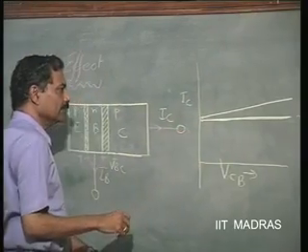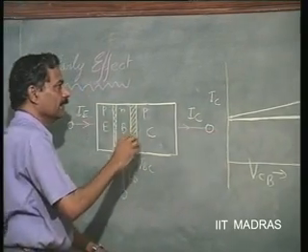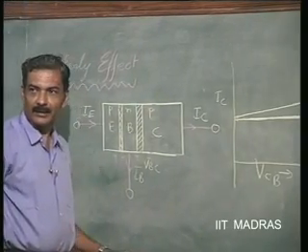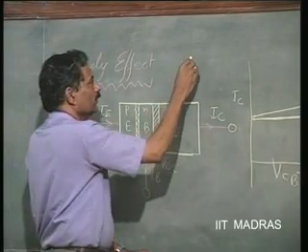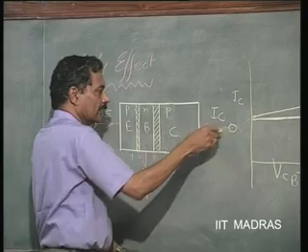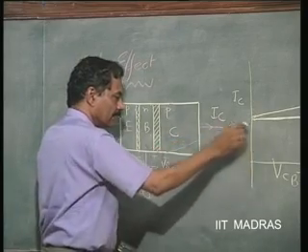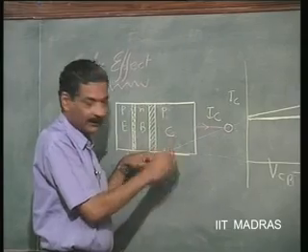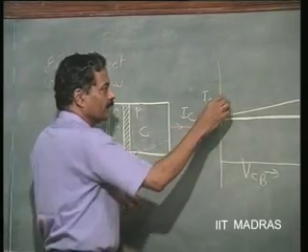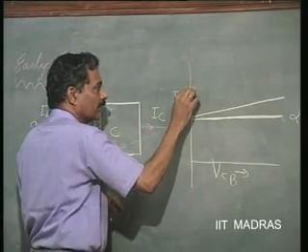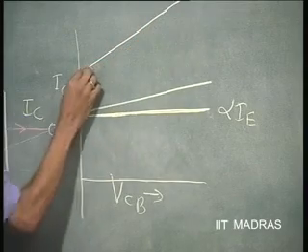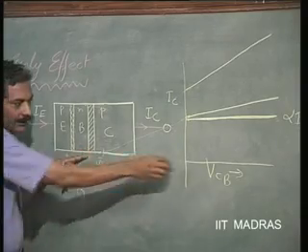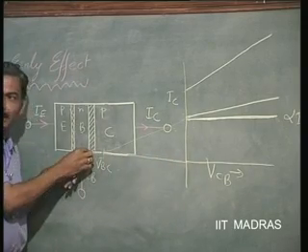Now, what happens because of early effect is that this effect is going to be felt more at higher currents, and therefore this whole characteristic can be extended like this, and it will intersect at a particular point, and this is called early voltage. For the next current, it might be something like this, and all these will intersect at a particular point on this axis, and that is called early voltage.